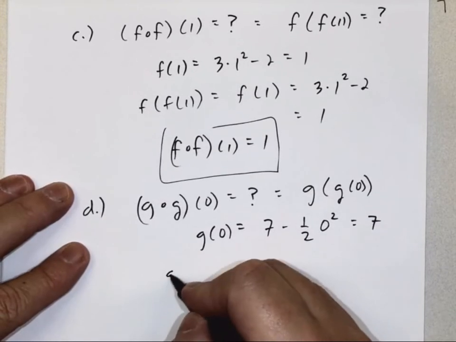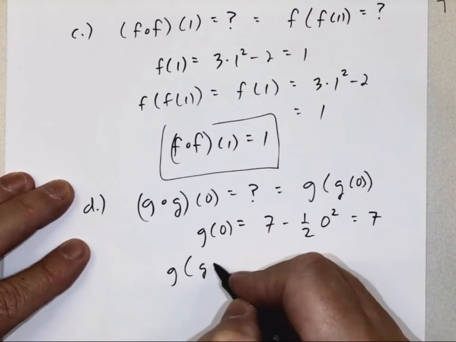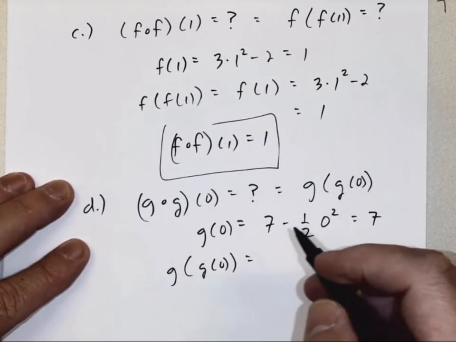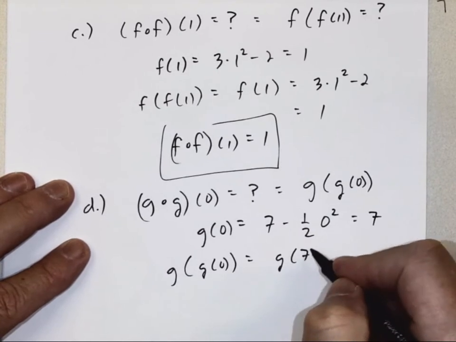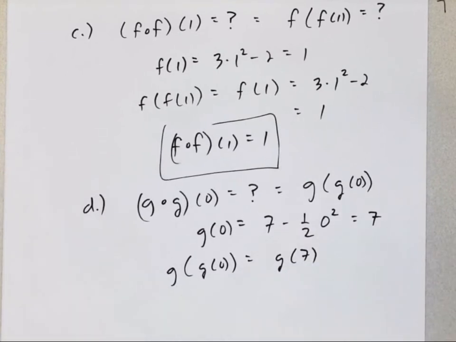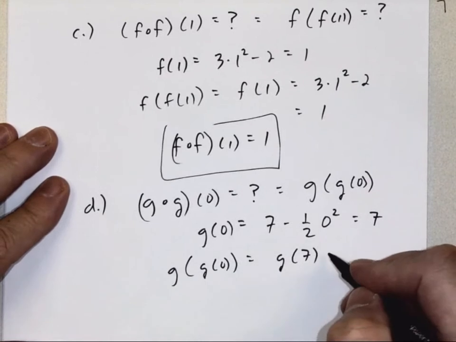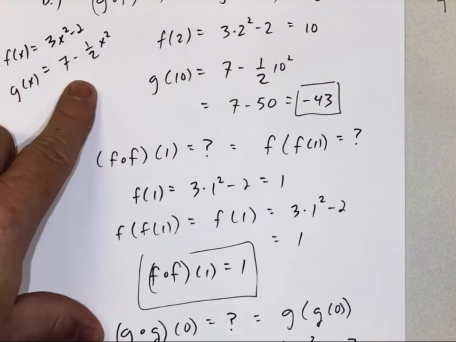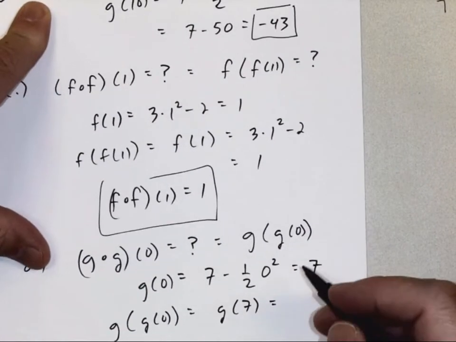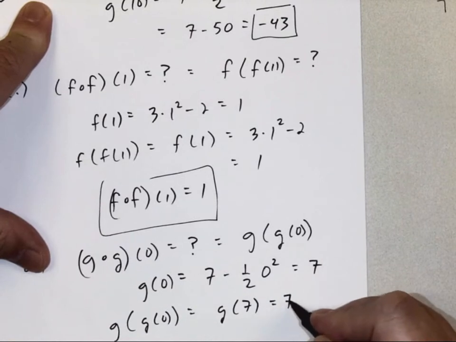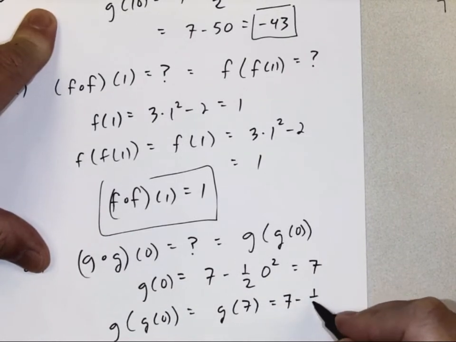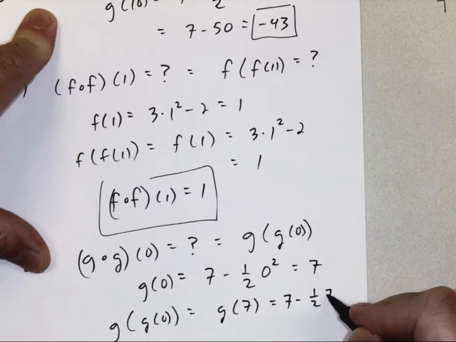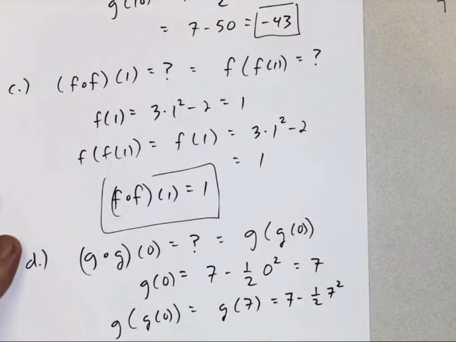So now I end up with g of g of 0, which means g of 7. So you take your g function and you put a 7 in for x. 7 minus 1/2 times 7 squared.